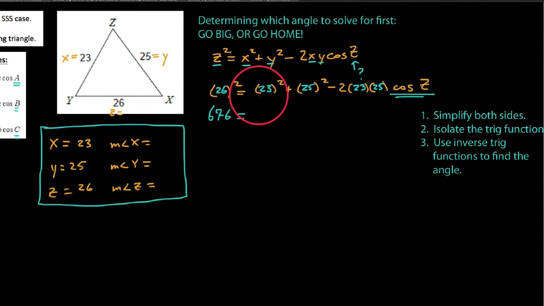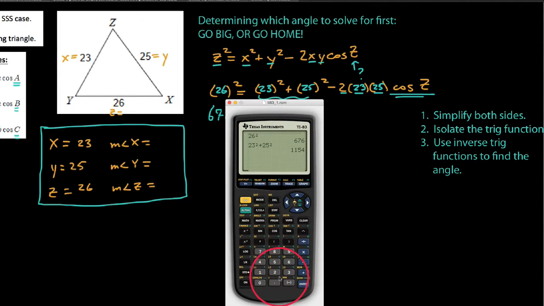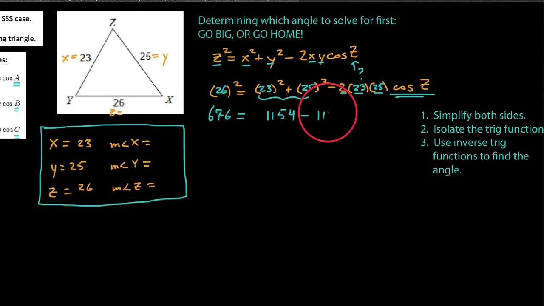We get 1154. And this is now minus 2 times 23 times 25. We actually need to do that here. What we end up with is 1150. So the one thing I want you to write here is 1150 cosine of Z. We want to be very, very careful here.